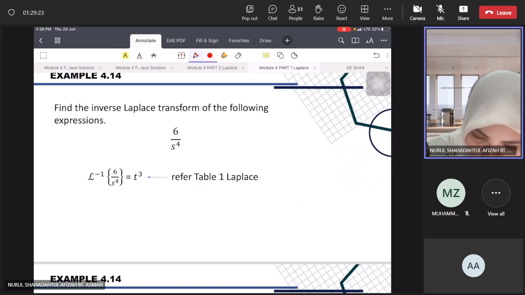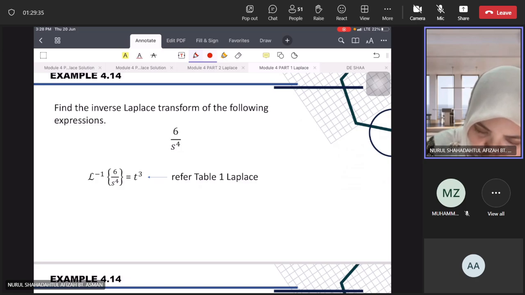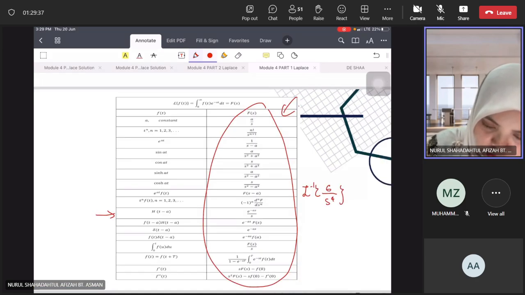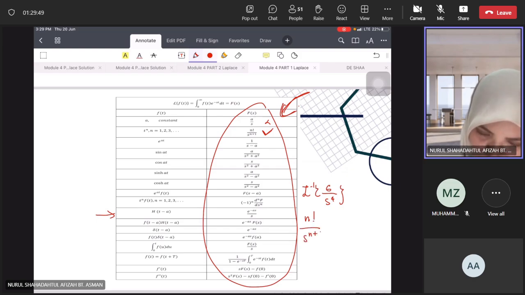So as you can see here, you're looking from here, I think this one, S to the n plus 1, T to the n.